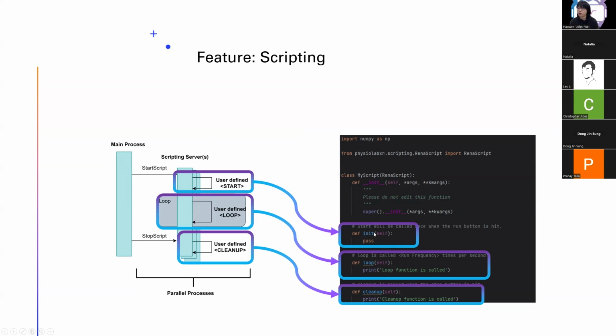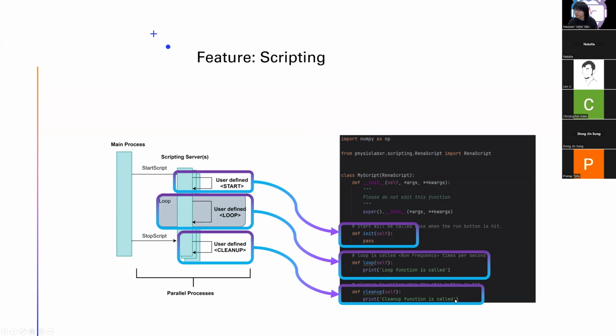For example, in the init function, I can define a classifier like logistic regression. And in the loop function, I could define my signal processing pipeline and how I would like to train the classifier based on the most recent EEG signal from the device.